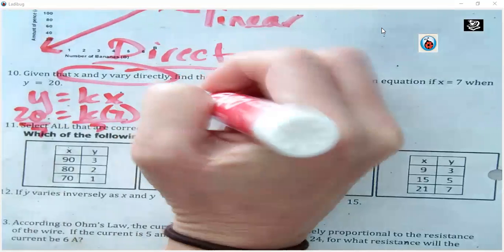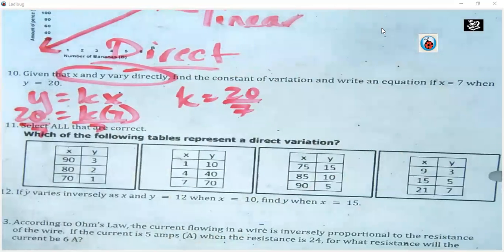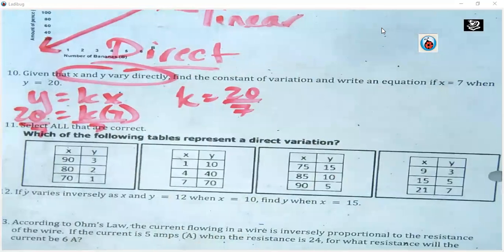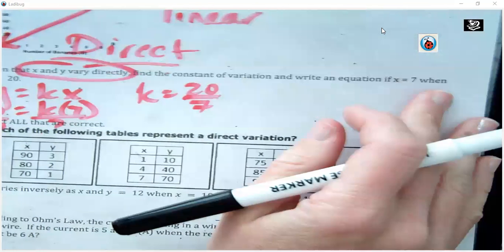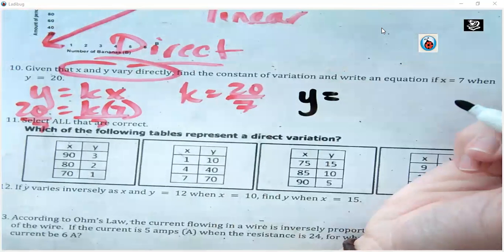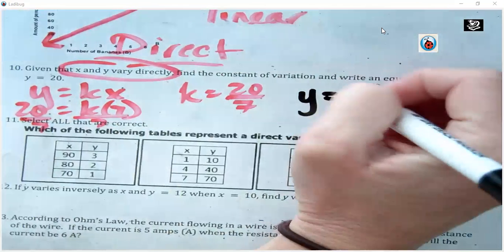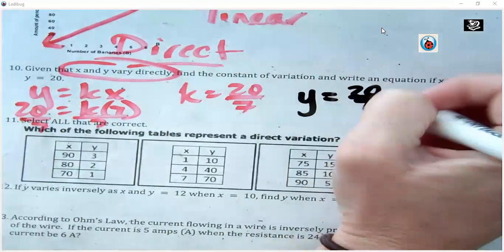So I get k is 20 over 7. I'm just going to leave it a fraction. What would my equation look like? Y equals 20 over 7x. Very good.